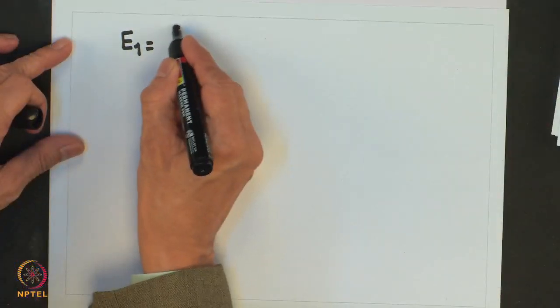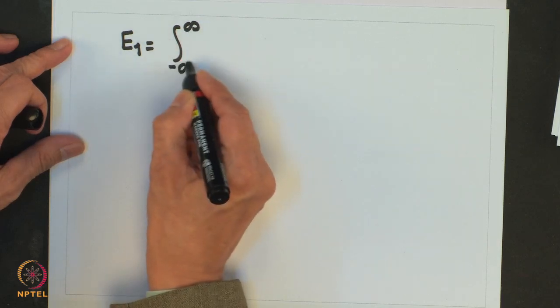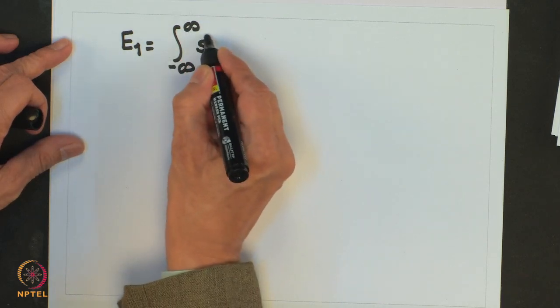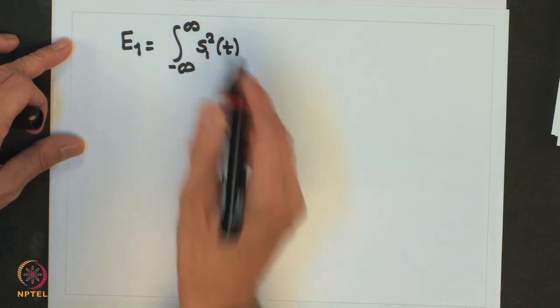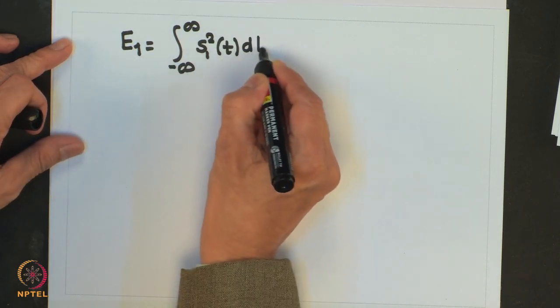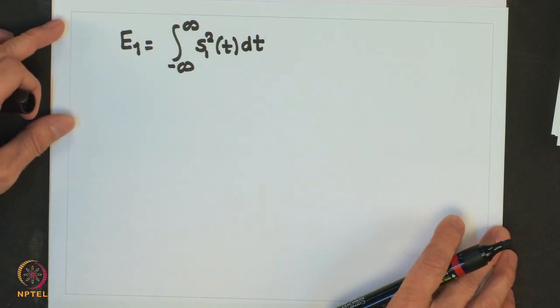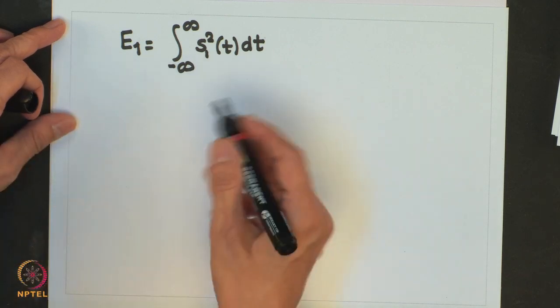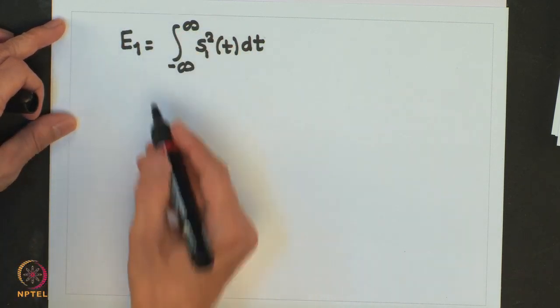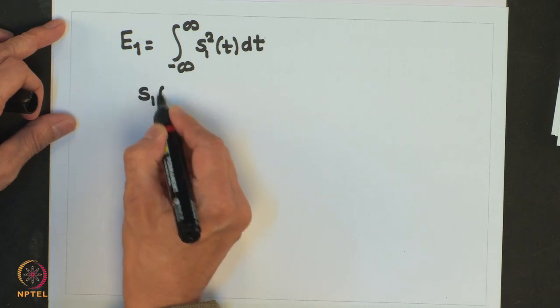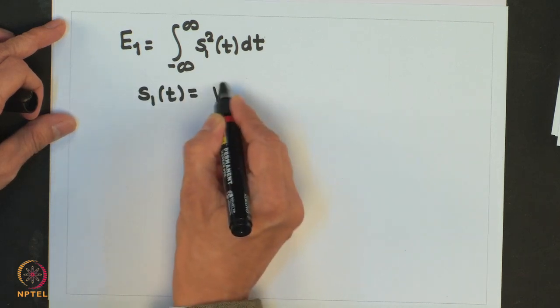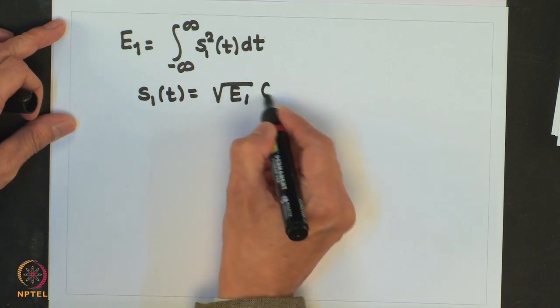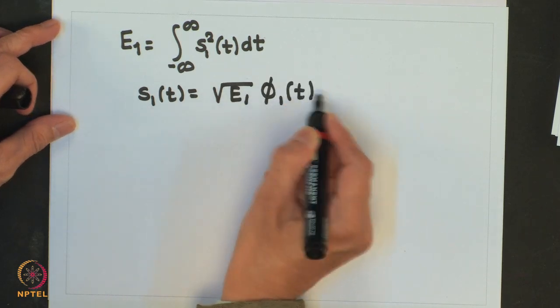The energy is given by this integral. Without loss of generality, we are assuming that all our signals are real signals. So if I choose my basis signal phi 1(t) to be equal to s1(t) divided by the root of E1, then I am able to express my s1(t) as root E1 phi 1(t).